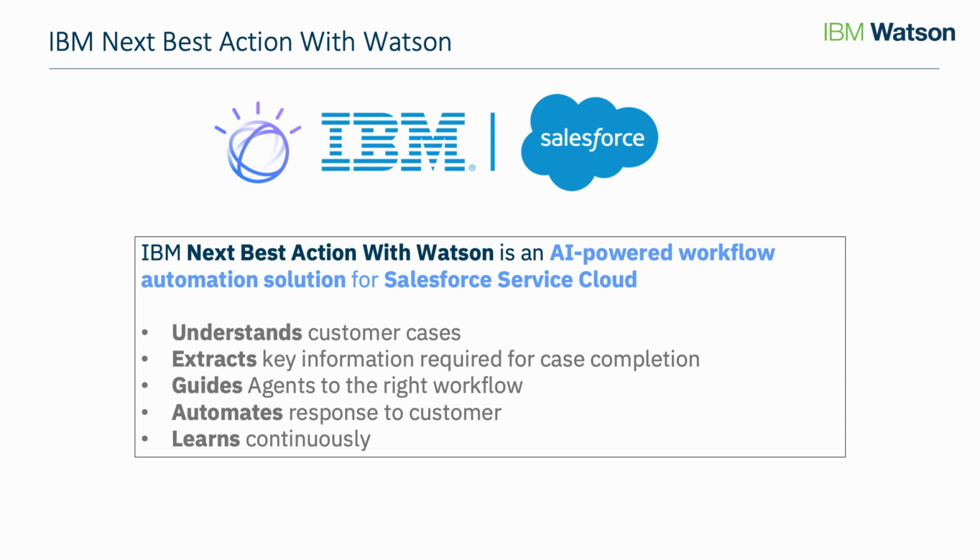What it translates to is dollars. Some of the things it does, it understands the case being submitted. It guides the agent the right way. We're going to live demo this for you guys in just a couple of seconds, so I don't want to throw all of it. But it is a complete AI-powered solution, true AI using multiple services in the Watson AI platform. And we're also going to look at the platform at the tail end of this presentation.